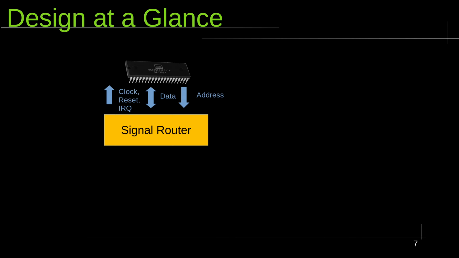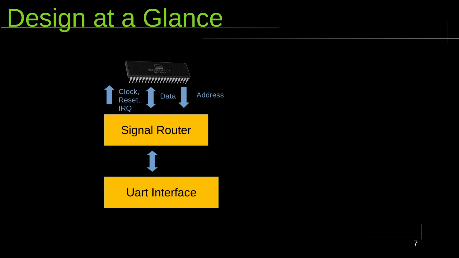It's going to send the CPU its clock signal, its reset signal, and IRQ. Of course, we're not using IRQ right now, but later it might come in useful. And it's going to communicate with the 6502 with data, and it's also going to receive the address.